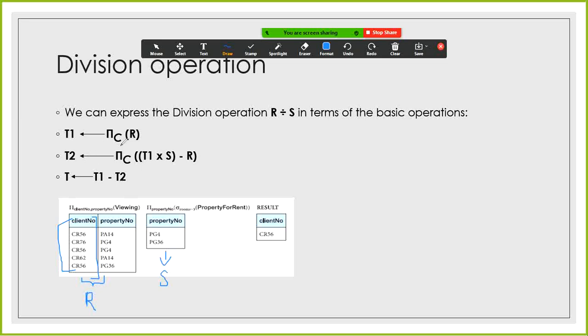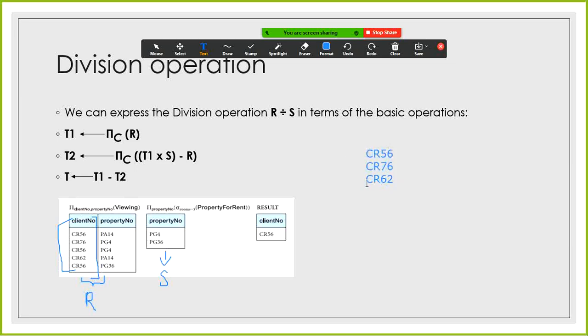So here it is written as project C over R. We know that in project operation we eliminate duplicates. From here we will select the distinct values of client number. We have CR56, then we have CR76, then CR56 is already written, then we will write CR62, and then CR56 is already written.